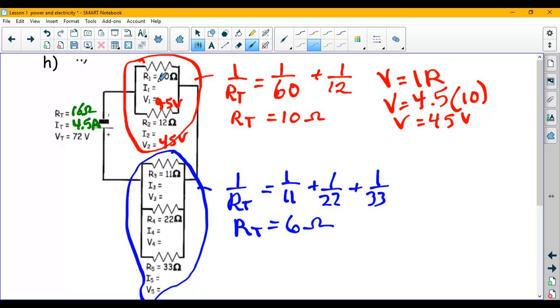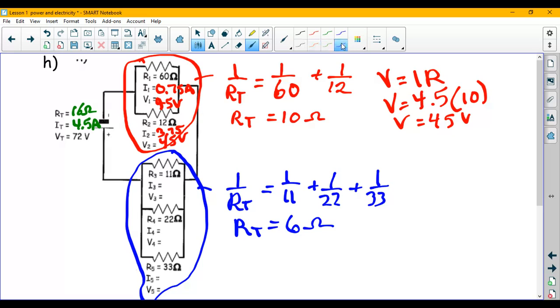So I can say 45 divided by 60, which is 0.075. And then I can say 45 divided by 12, which should be the remainder of the current. And mathematically it works out because I also know that this plus this should equal 4.5, which it does.